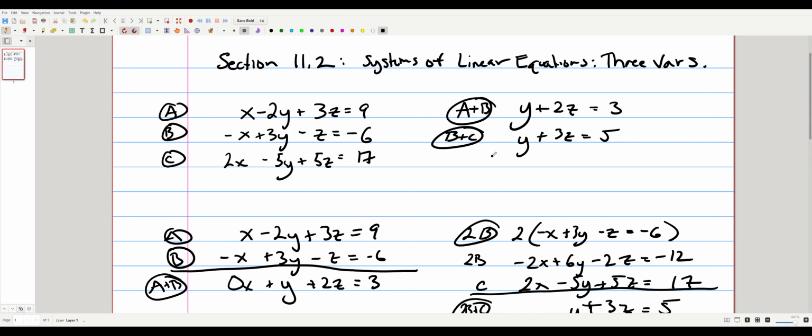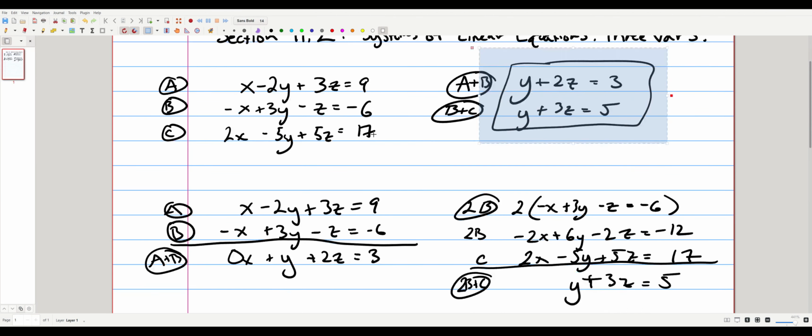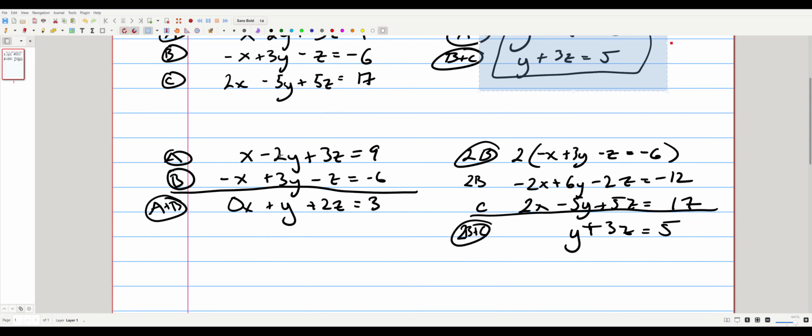And now this should look very familiar to you because this is essentially what we did last section. Two variables, two equations, and we need one of them to cancel out. So I'm going to multiply B plus C times negative 1, so I have a negative y and a positive y, and I can cancel these out. So I'm going to copy this really quickly. Let's scroll down.